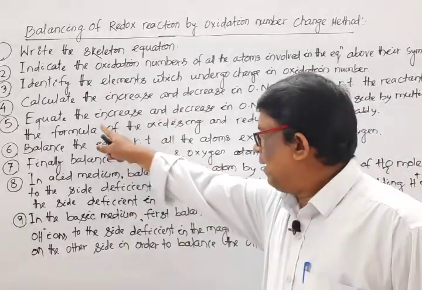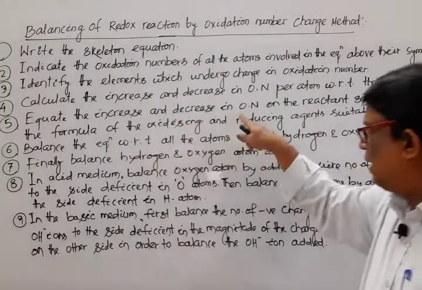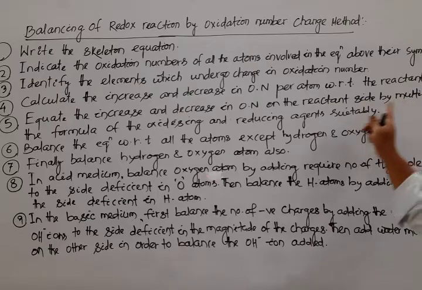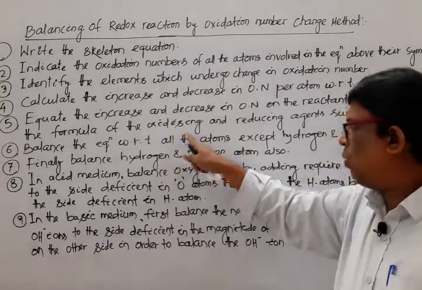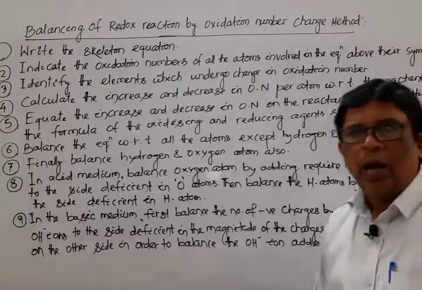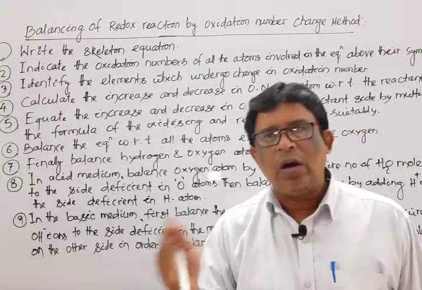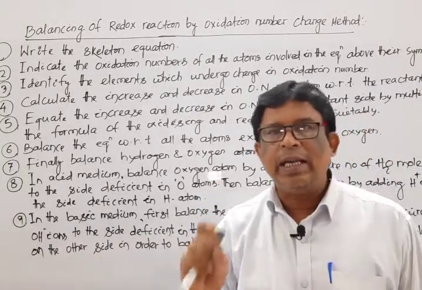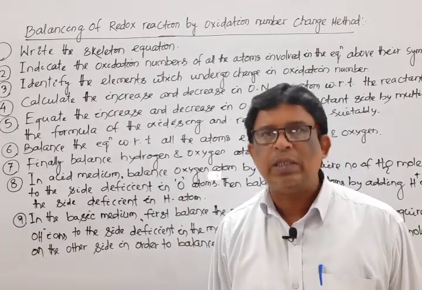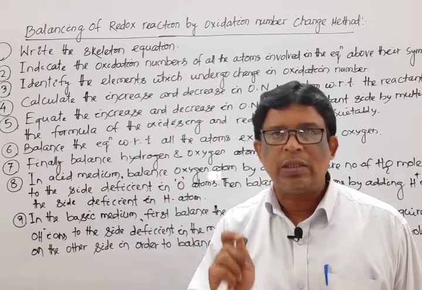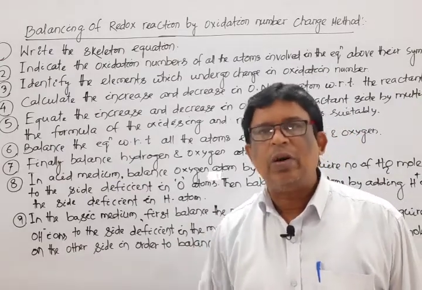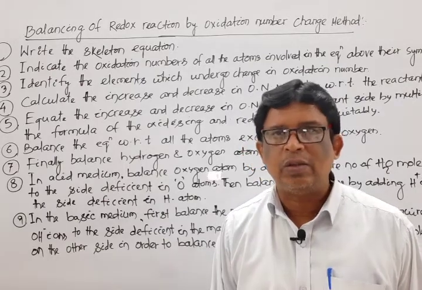Next, equate the increase and decrease in oxidation number of the reactant side by multiplying the formula of the oxidizing and reducing agent suitably. After identifying the loss or gain, increase or decrease in oxidation number, we have to multiply by a suitable coefficient in the reactant side such that total increase in oxidation number is equal to total decrease in oxidation number.